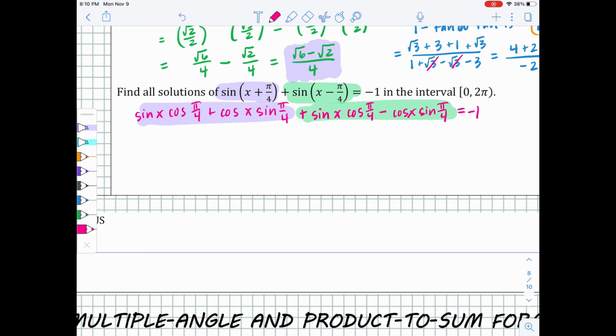Now that I have that expanded, I can find the cosine of all my pi over 4's and the sine of my pi over 4's, because I know that those are radical 2 over 2. I'll do the same thing for the rest of the terms as well.